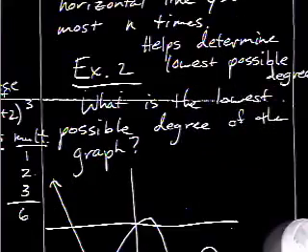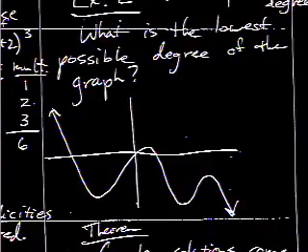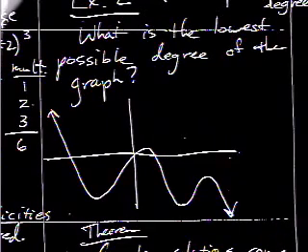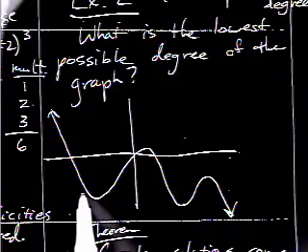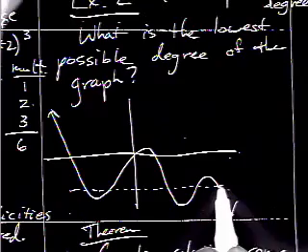So a question like this comes along. Example 2, what is the lowest possible degree of this graph? So I've got this polynomial I'm looking at, and I want the lowest possible degree. Well, according to the theorem, you need to find a horizontal line which hits it the most number of times. And it's not always the x-axis. In this case, I can find a horizontal line which cuts through the graph.